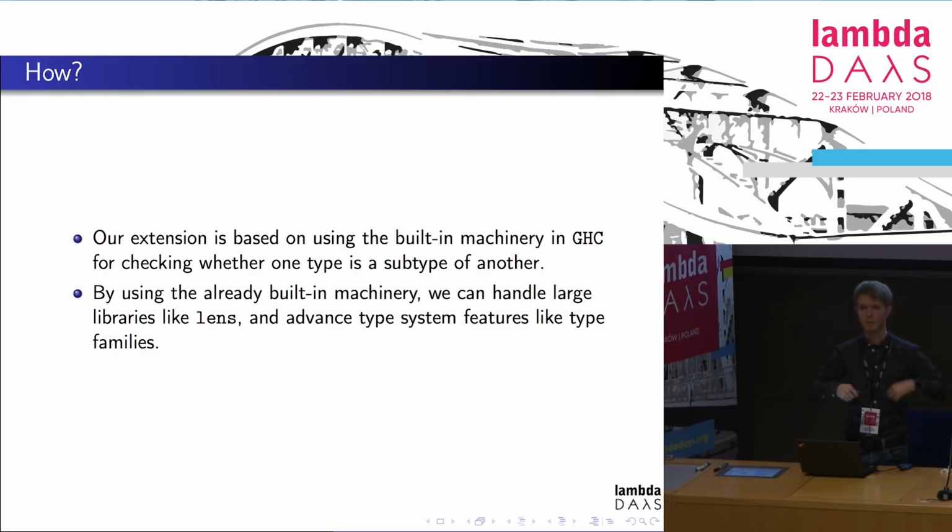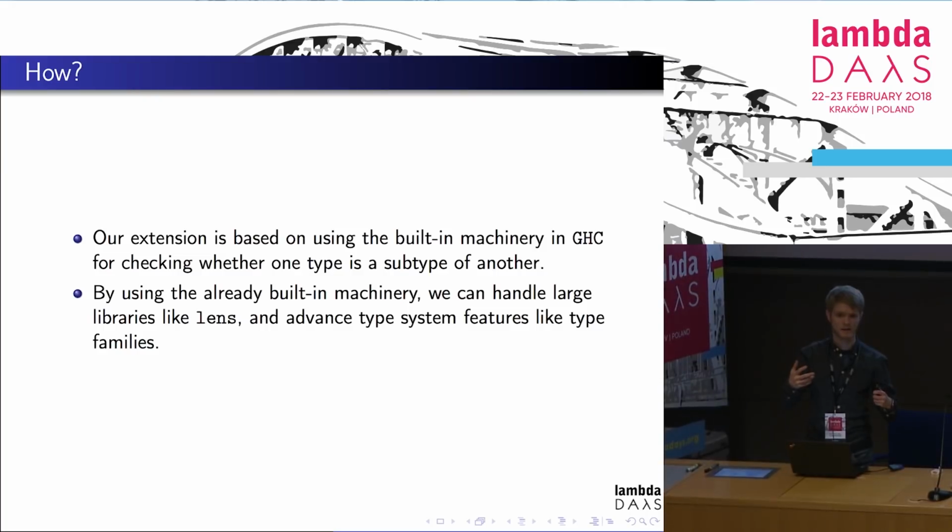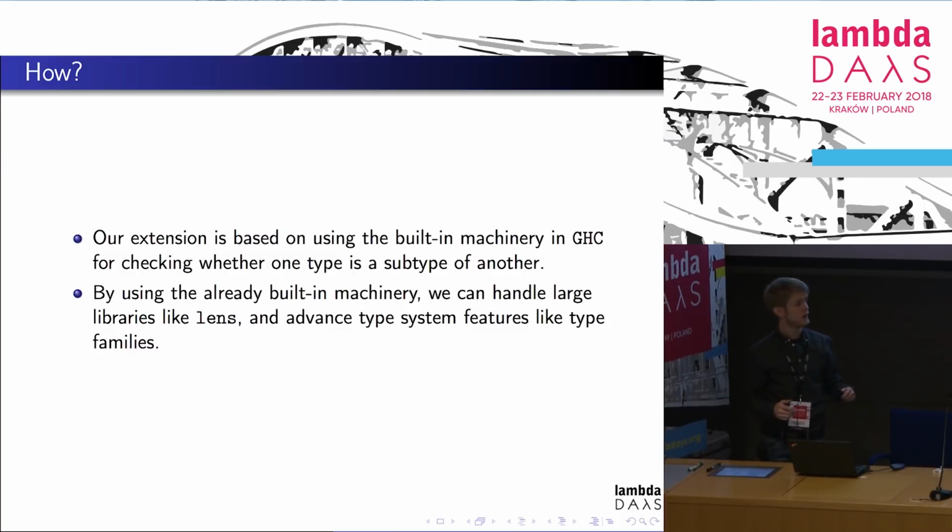When we encounter the hole, we take its type, go through everything that's in scope, and run the type checker to see: if I place something of the type of this thing in the hole, would it work itself out? For the refinement substitutions, we just add new variables which are never mentioned anywhere else, which are then completely free variables. And then we allow it to unify with anything.